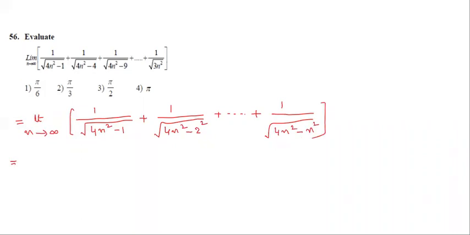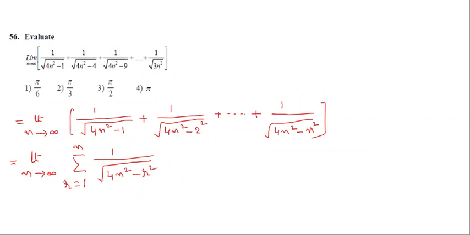Okay. Limit n tends to infinite. I am going to write short form sigma r is equal to 1 to n, 1 by under root 4n square minus r square. This is r square.